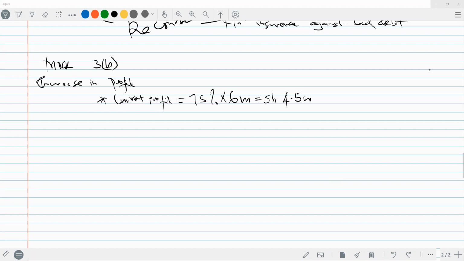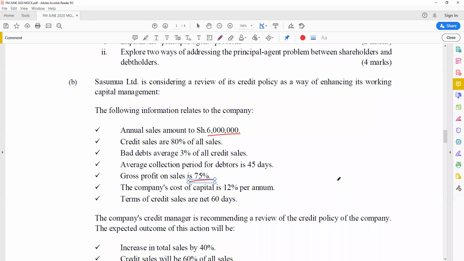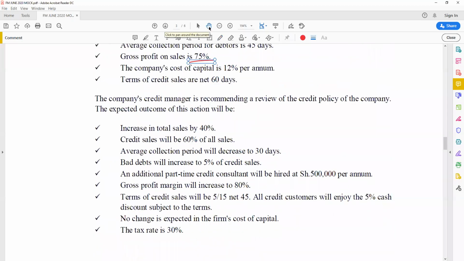What if they implement the changes? Let's call it the proposal, the proposed policy profit. The profit the company should make in case they implement it: we are told that the gross profit margin will increase to 80%.